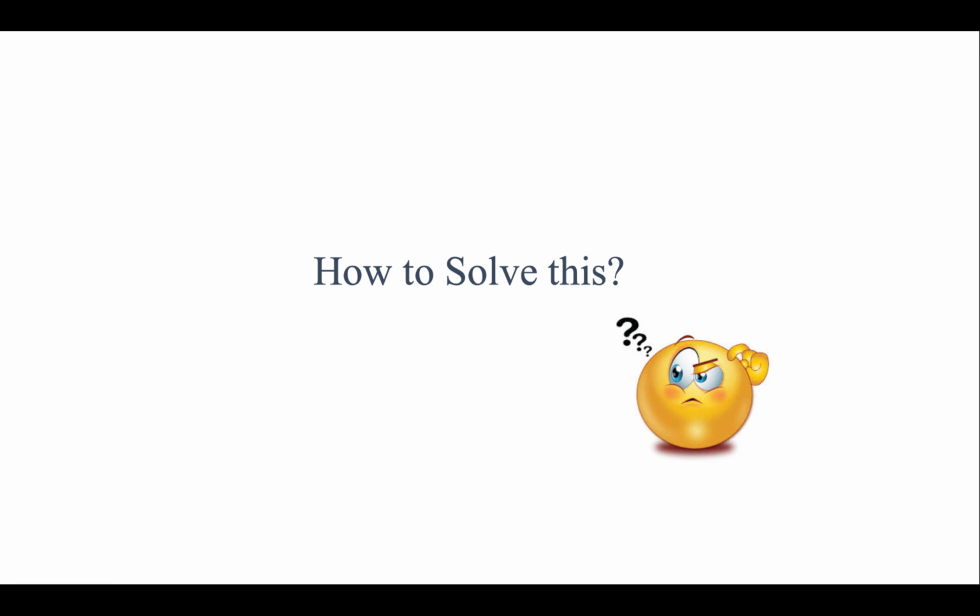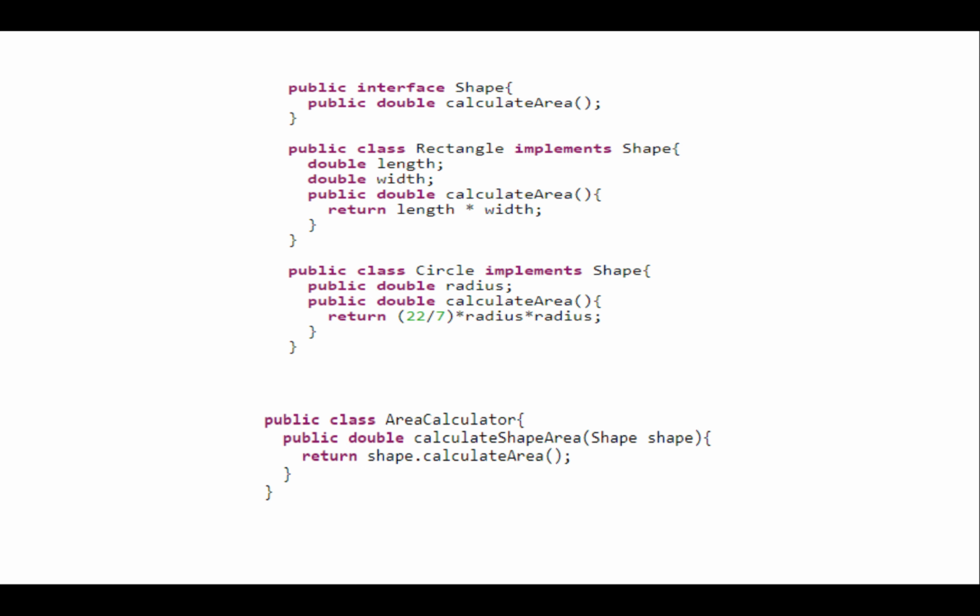To fix this, we are going to use interfaces. I will create an interface shape which will have the utility to return the area. All the shape classes will inherit from this shape interface, and they will return their areas. And in our utility, area calculator, we will create only one method which will take shape as argument.